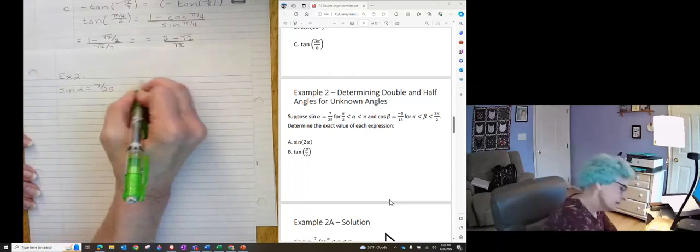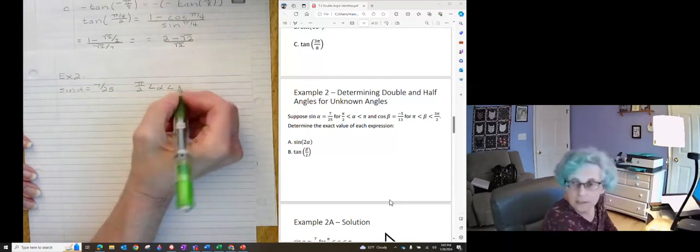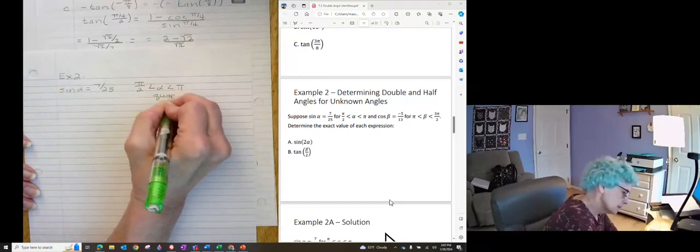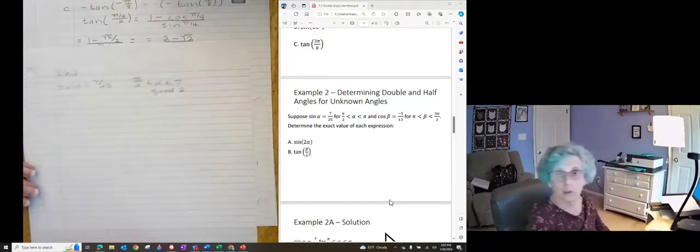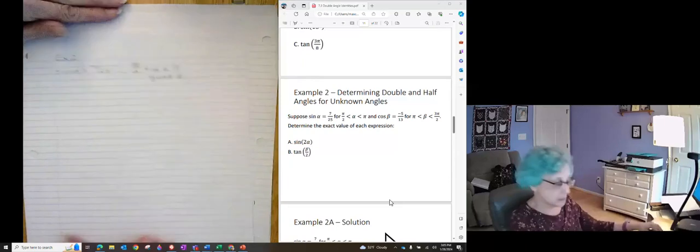and pi halves is less than alpha is less than pi, which means I'm in quadrant number 2. So cosine will be negative, tangent will be negative.